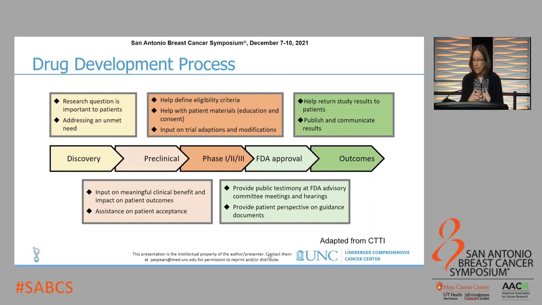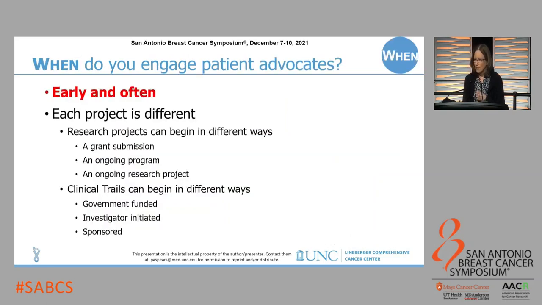And in breast cancer, if there's not a scientific reason, please just open it up to females and males. Don't leave men out of our studies because even though you might not get a lot of males on the study, you will open that opportunity up to a male breast cancer patient to participate in a clinical trial and possibly get access to a drug that they don't have access to otherwise. So please consider that. But that's one of the things that we look at in the drug development process.